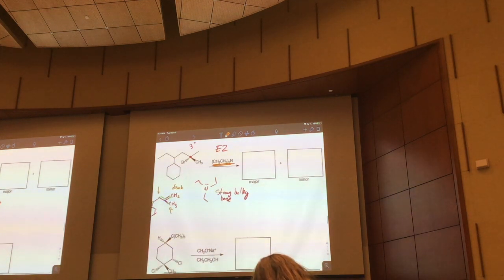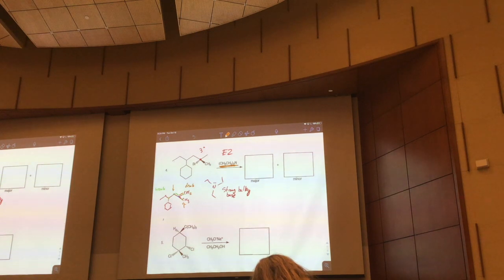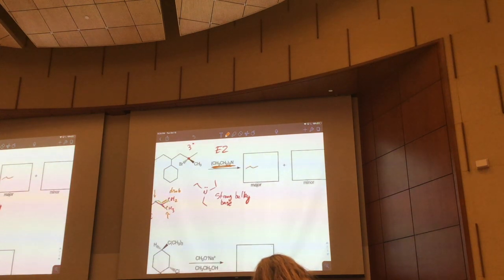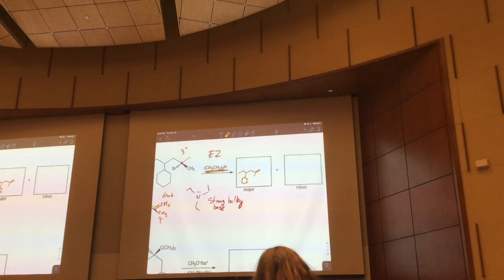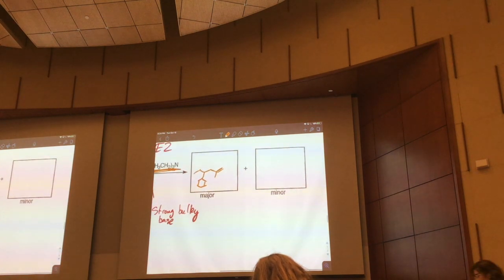So our major product is going to be that di-substituted product. And then our minor product will be the internal alkene, trisub.